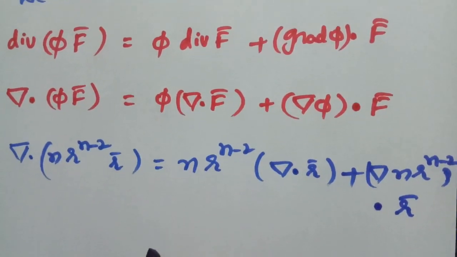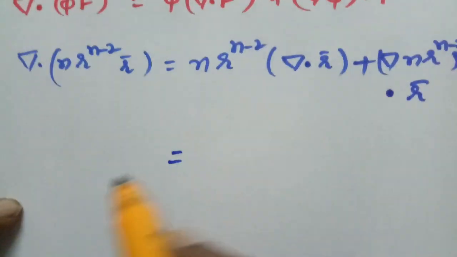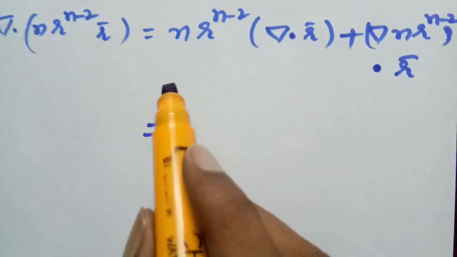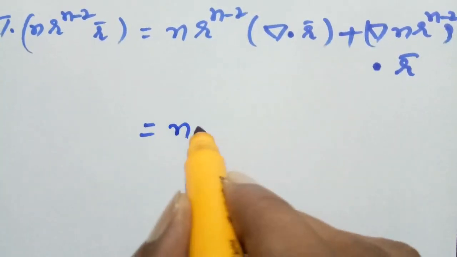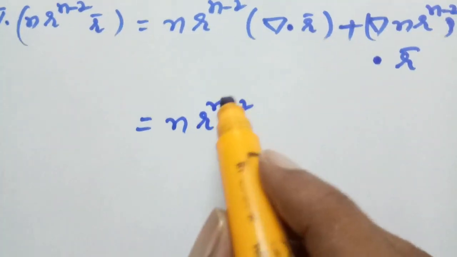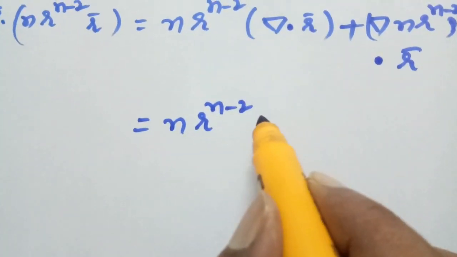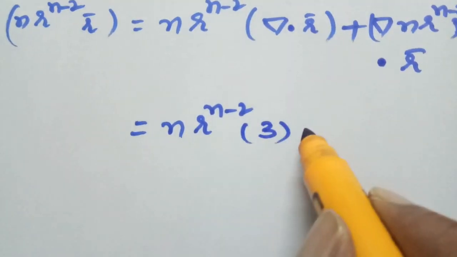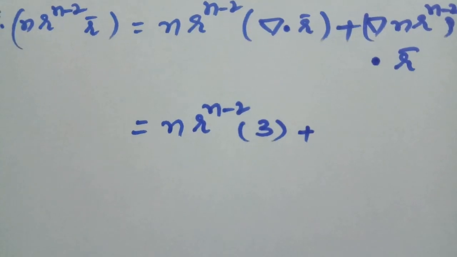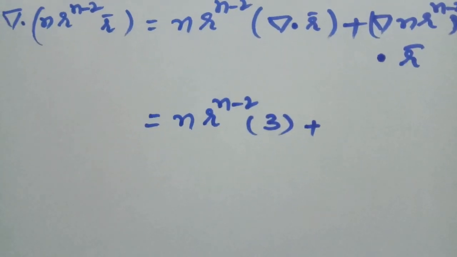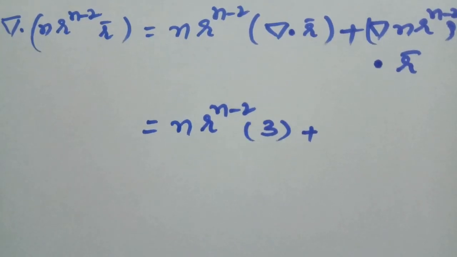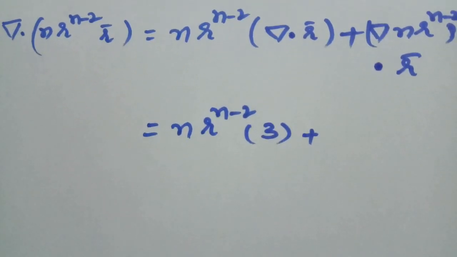Now n into r to the power of n minus 2 into del dot r bar, we already proved that del dot r bar is 3, plus now del of n into r to the power of n minus 2. Here n is a constant.